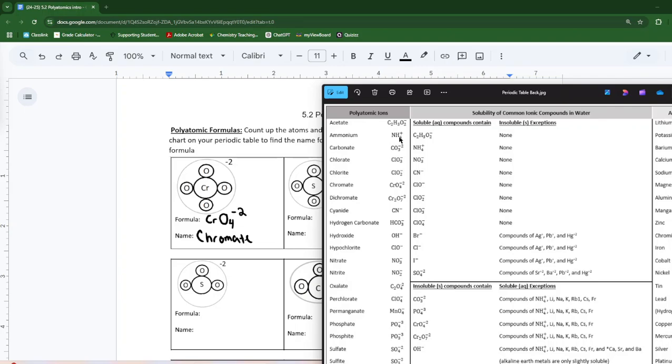All the other ones are negative, and they're almost exclusively made out of all non-metals. There are some exceptions like permanganate, and we're going to treat them like non-metals, and that's it. To make it easier, we will put them in parentheses, and you'll see how that works in just a second.